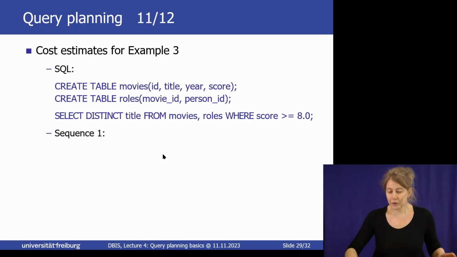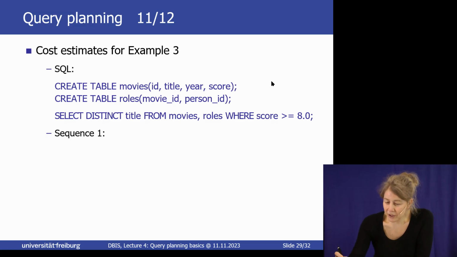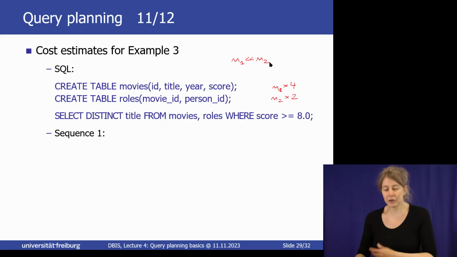But let's do that. That's the funny one, and now we'll come back to this distinct thing. I mean, we can do it even faster now, but so this is n1 times 4. This is n2 times 2, and again there will be many more rows. So n1 is much smaller than n2 for a real table.